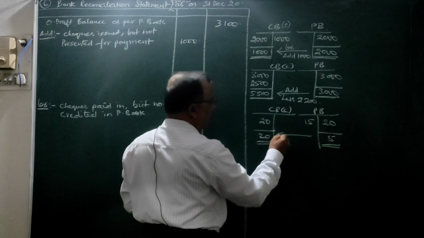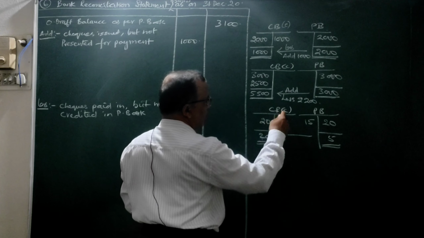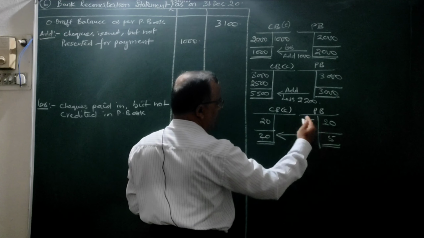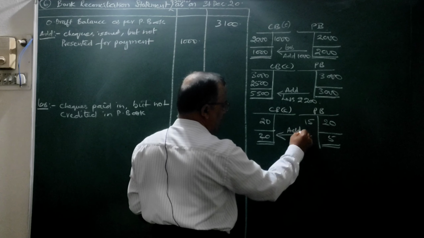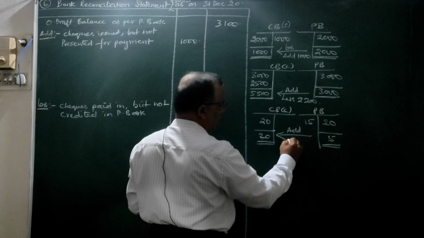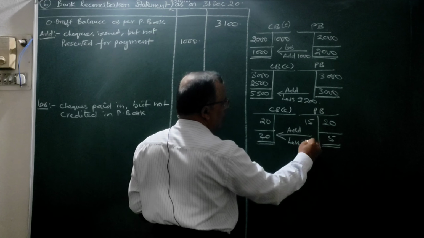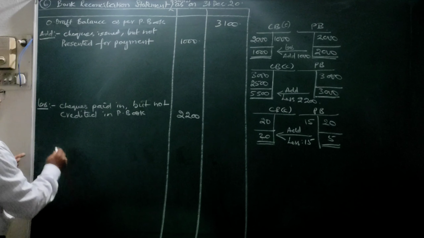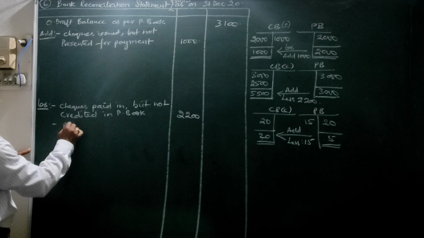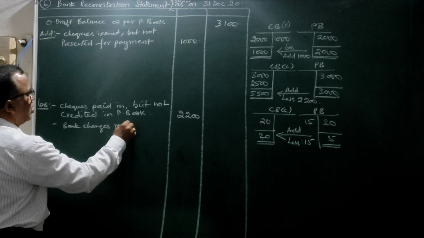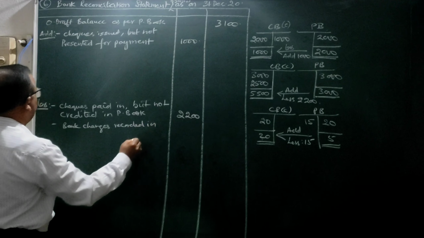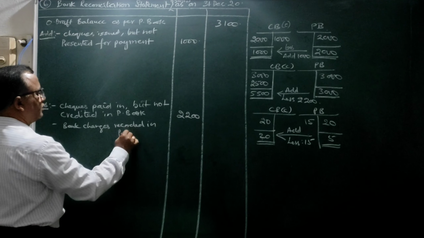Our arrow mark will be pointing towards the constant side. 5 should be converted to 20. So to this 5 we should add 15, but since this is overdraft, opposite of this, so less 15. Below less we are going to write: bank charges recorded in passbook only.